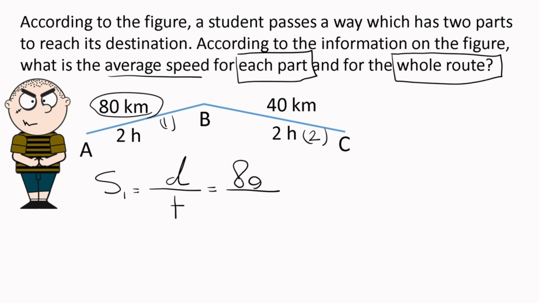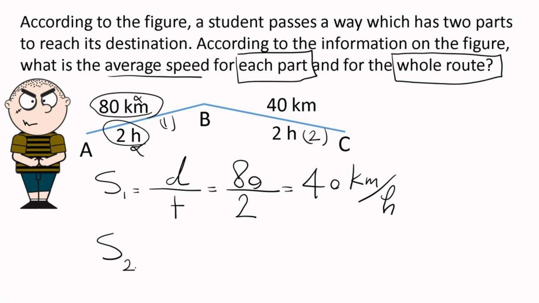Do I have T for the first part? Yes, as you can see, this is 2 hours. So I'm going to write 2 here. And 80 over 2 will be 40. What is the unit of 40? Because I have it based on kilometer and I have it based on hour, the unit of 40 will be kilometer per hour. Let's go for the second part.